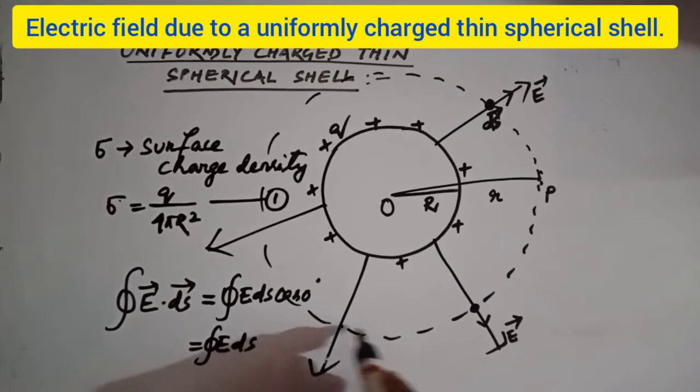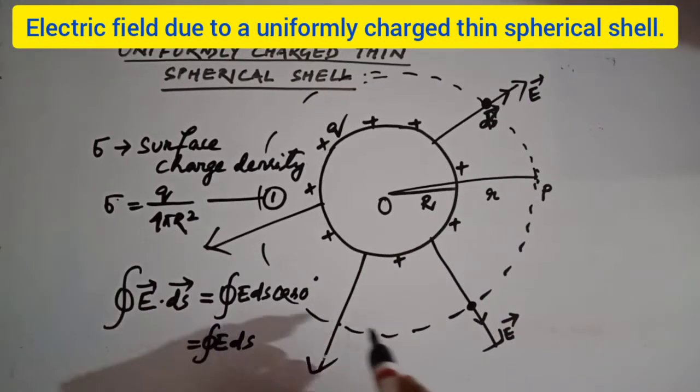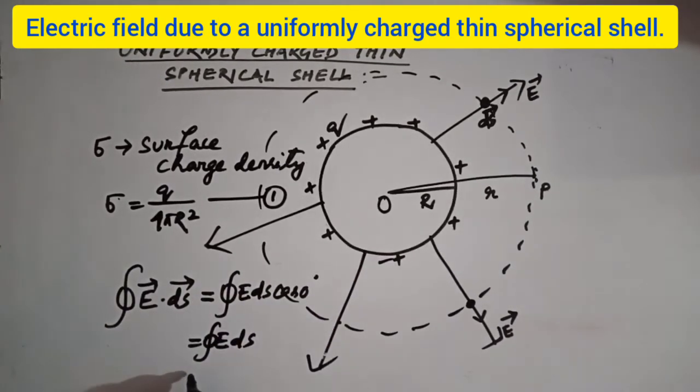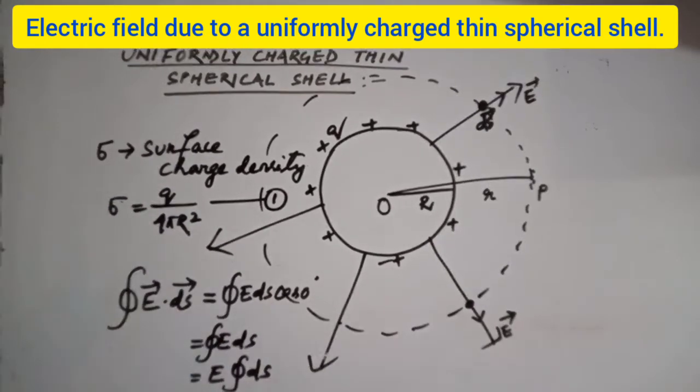Now the electric field at each point on the Gaussian surface is constant since it is symmetrical about the charge distribution. So this E can be taken outside. It is E times the integration of ds over this spherical Gaussian surface.